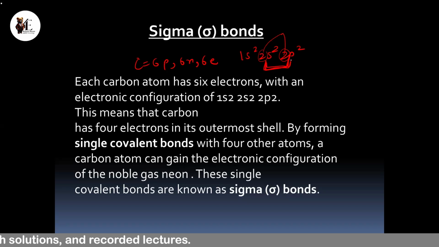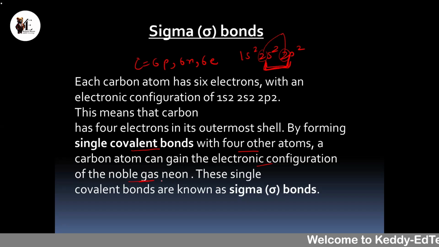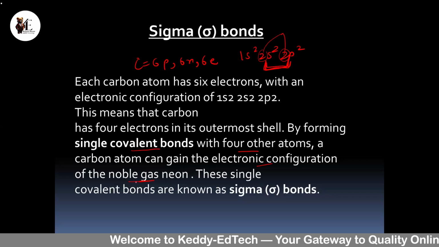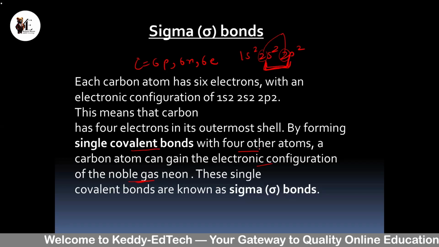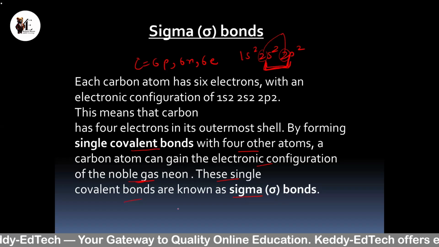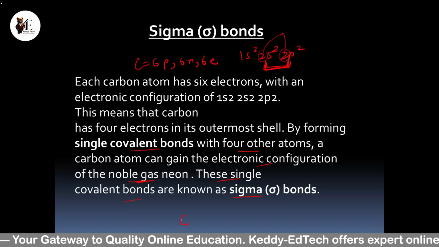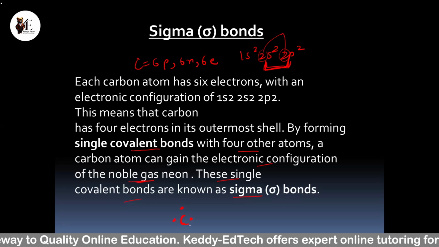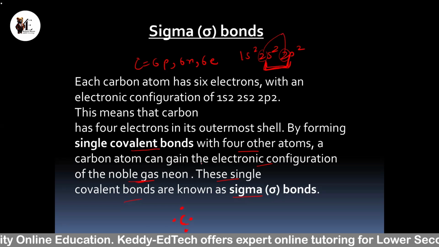outermost shell. By forming single covalent bonds with 4 other atoms, a carbon atom can gain the electronic configuration of the noble gas neon. Because every element wants to achieve stability, carbon also achieves stability by attaining the noble gas configuration of neon by sharing the 4 electrons with other atoms. So these single covalent bonds are known as sigma bonds, because carbon has 4 of its own electrons and shares 4 of the other elements.